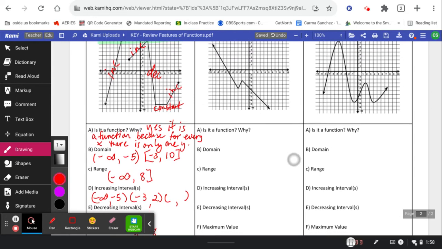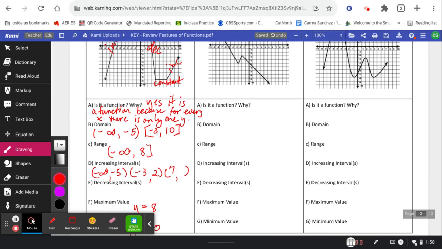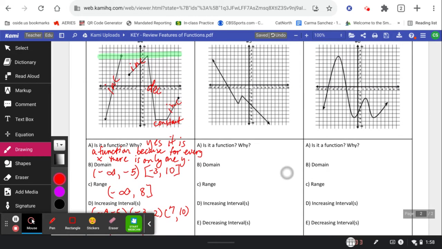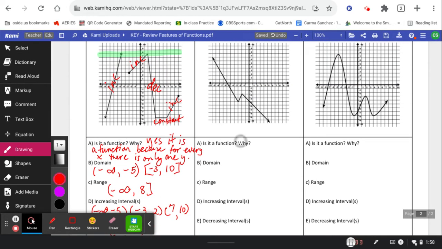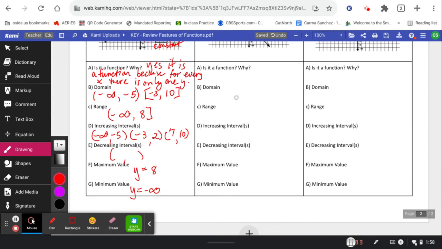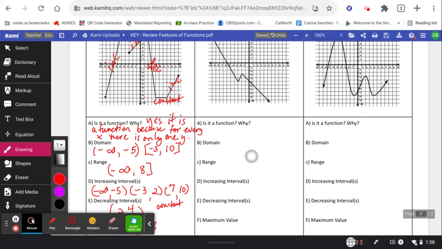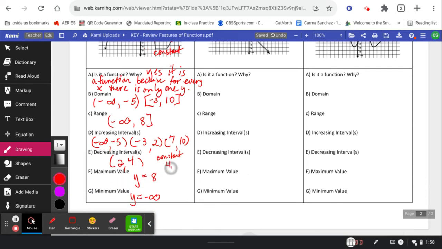And increasing from 7 to 10. Decreasing from 2 to 4. And if you want to write the interval constant, it goes from 4 to 7.